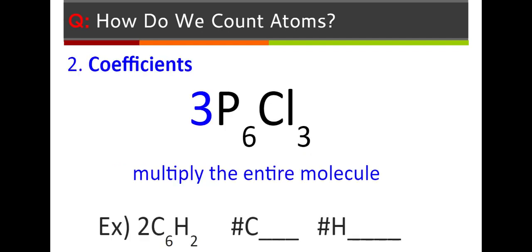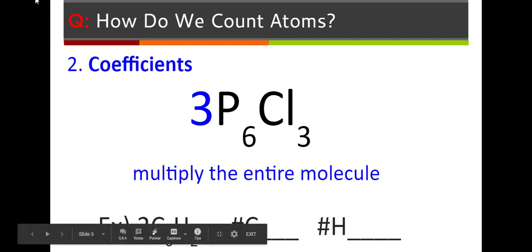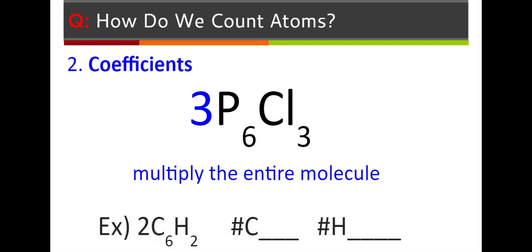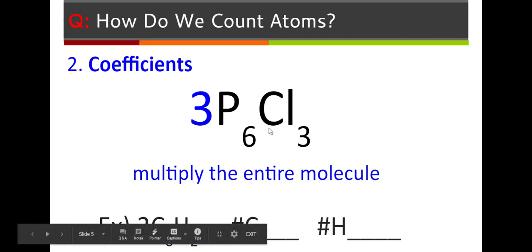The next thing we're going to talk about is coefficients. Coefficients are in front of a compound and they multiply the entire molecule, the whole compound. So in this example, we are still working with phosphorus chloride. We still have 3 atoms of chlorine, and we still have 6 atoms of phosphorus.